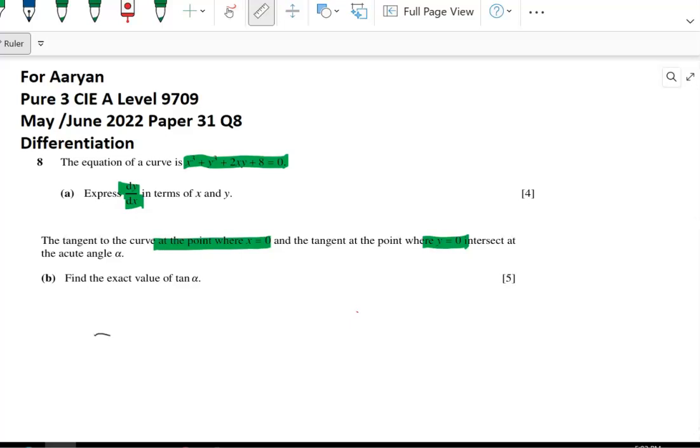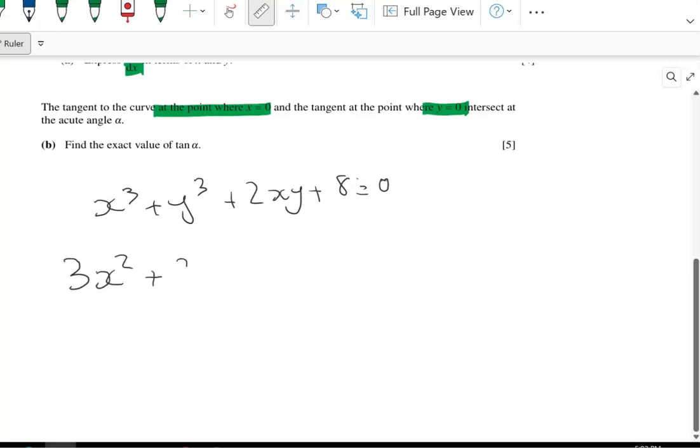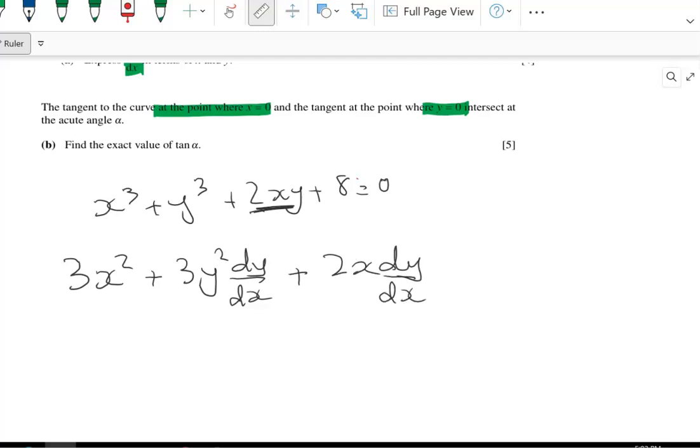Right, so x cubed plus y cubed plus 2xy plus 8 is equal to 0. I'm going to differentiate everything with respect to x. I get 3x squared plus 3y squared dy by dx. I've got a product rule thing going on here, so I'm going to have plus 2x dy by dx plus 2 here times y plus 0 equals 0.